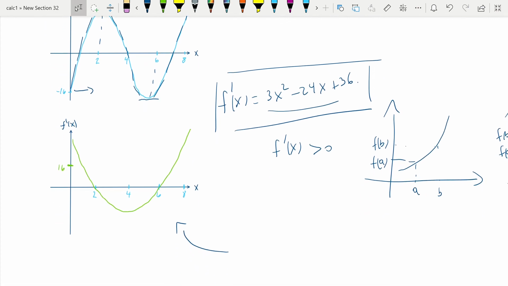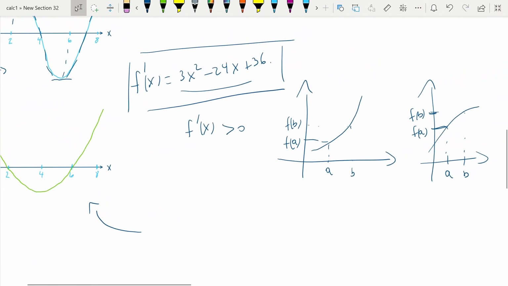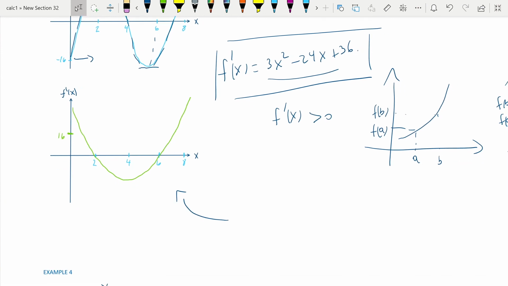Rewind if you need to, and ask me, of course, if you have any questions. But this is the kind of information you can draw from the function f given the graph of the function f prime of x. Remember, f prime is a function in its own right.